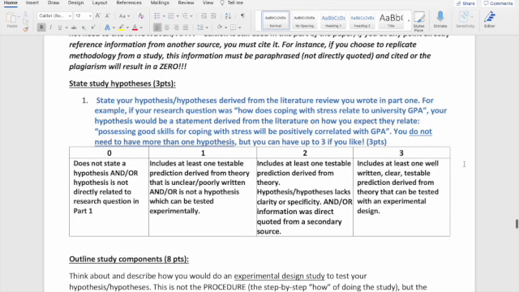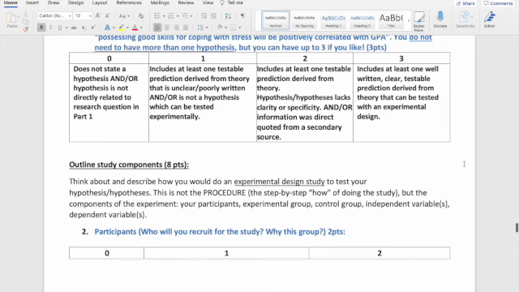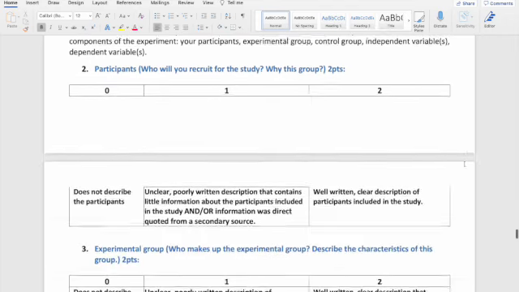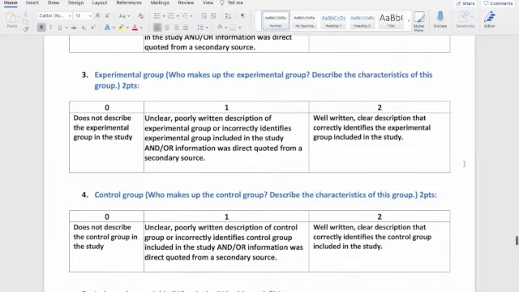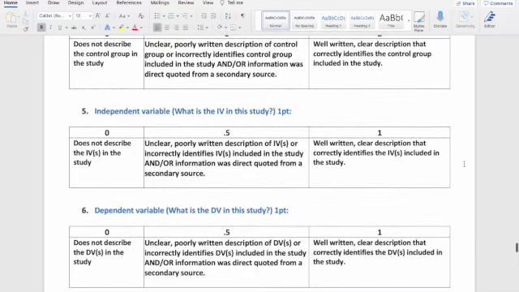So you'll also need to discuss the study components. In this section, you'll need to outline all the components of an experimental design. So you need to discuss your participants, so what population you're looking at. You'll need to mention your experimental group and control group, along with your independent and dependent variables.